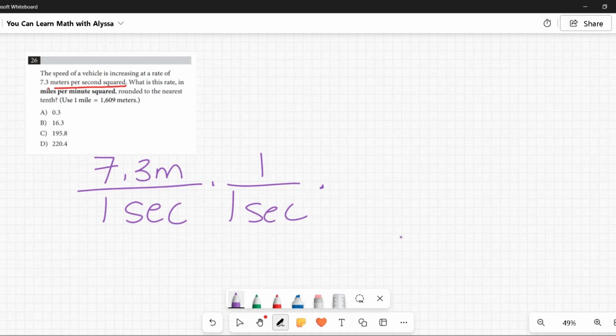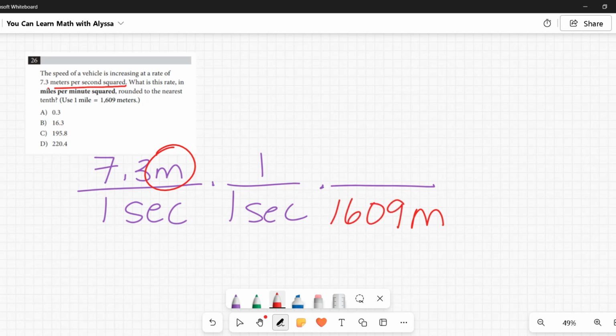I want the meters to cancel out. Currently there's a meter on the top over here on the left, so I'm going to put my meters here on the bottom: 1,609 meters for every 1 mile.